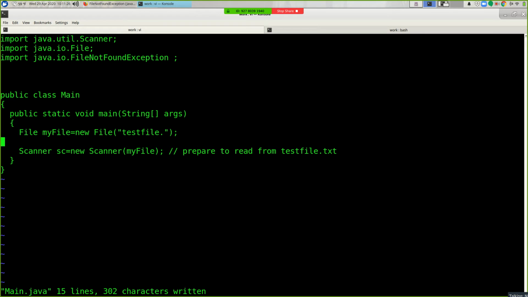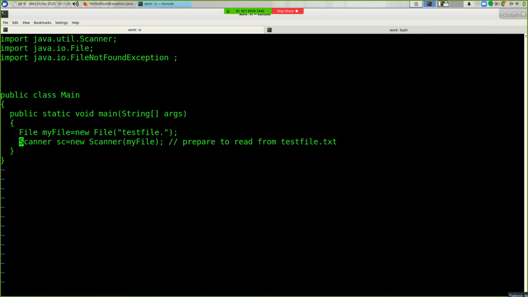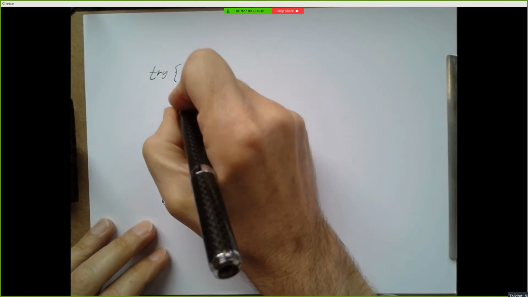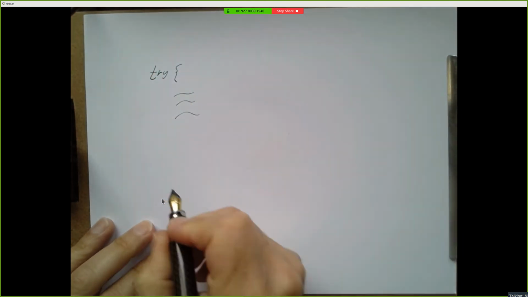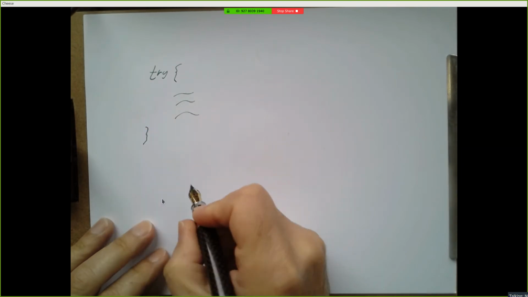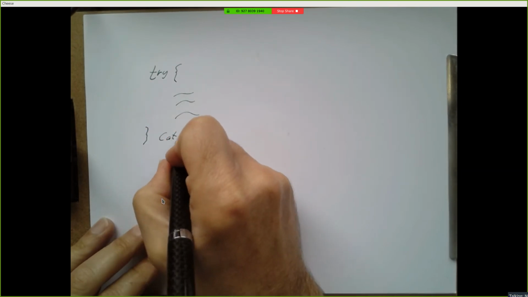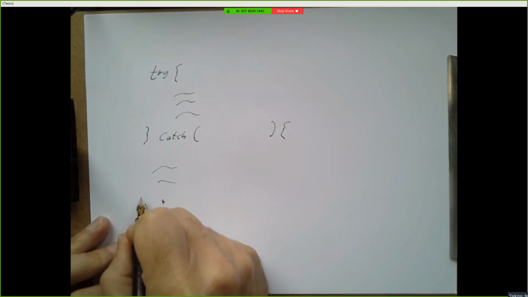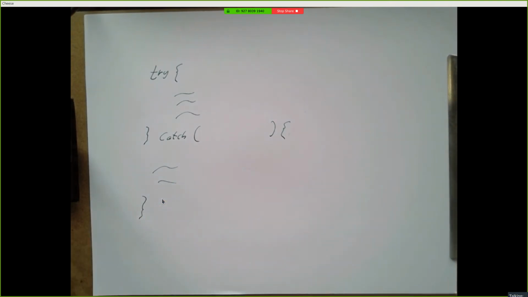What you want to do is use a try-catch block. And try-catch blocks are just another type of block enclosed in curly brackets. We're used to those. And they have the following setup. Basically, you can say try, curly bracket, bunch of stuff, close curly bracket, and then you can say catch, curly bracket, bunch of stuff, close curly bracket.